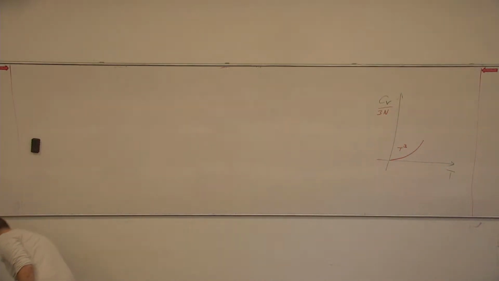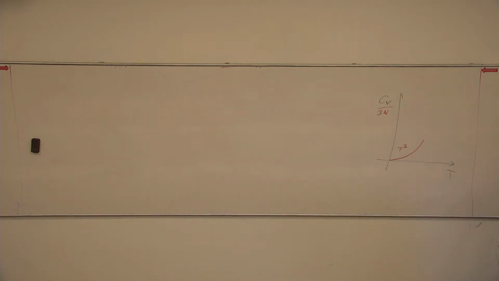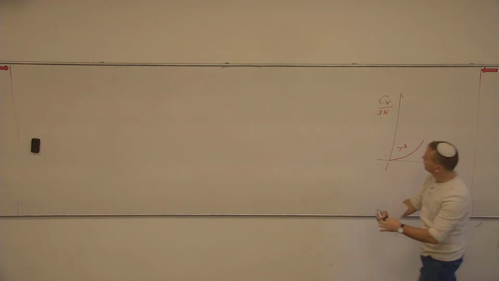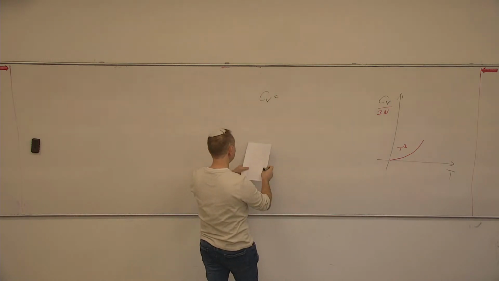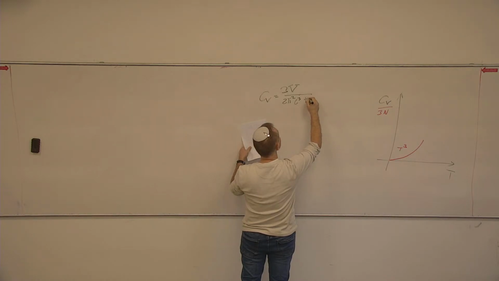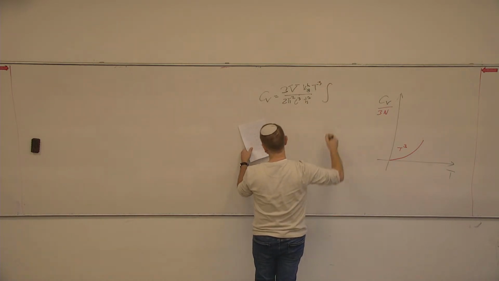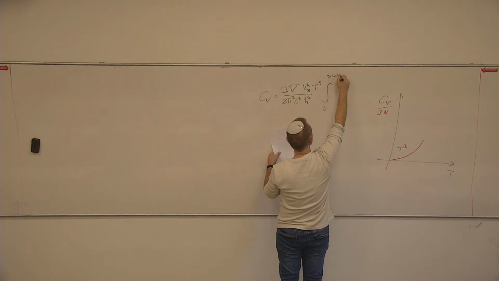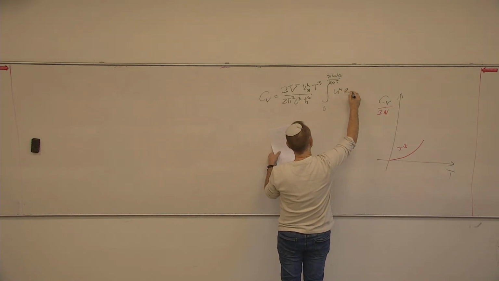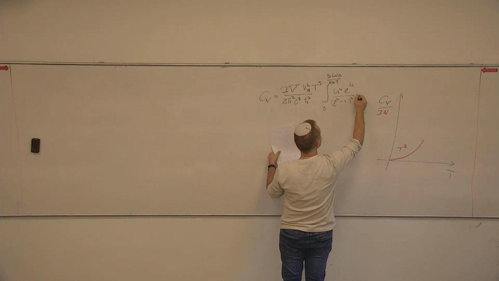So we have C_V divided by 3N, and the expression for C_V, to remind you, was as follows. C_V was 3V divided by 2π² c³ ħ³ k_B⁴ T³, an integral from 0 up to ħω_D divided by k_B T, of u⁴ eᵘ divided by (eᵘ − 1)² du.